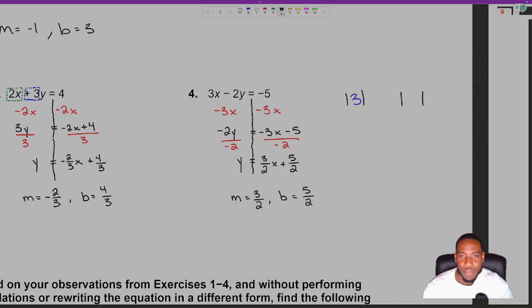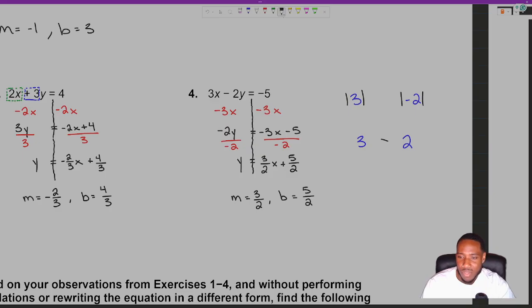So the absolute value of -2. Now, hopefully, you remember our conversation about absolute value from prior videos and prior sessions. When we say absolute value, all we mean is that number's distance away from 0 on the number line. So if I were to take the absolute value of 3, that's 3. And if I were to take the absolute value of -2, that is 2. Because -2 is 2 spaces away from 0 on the number line.